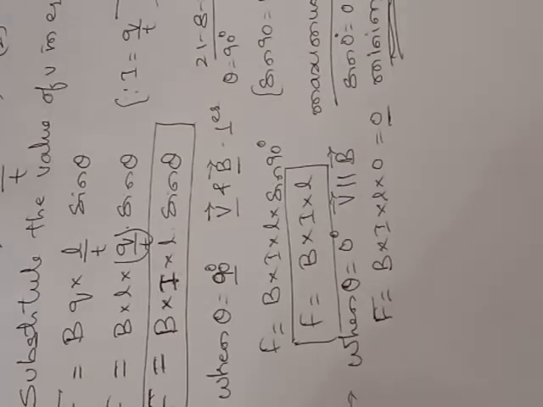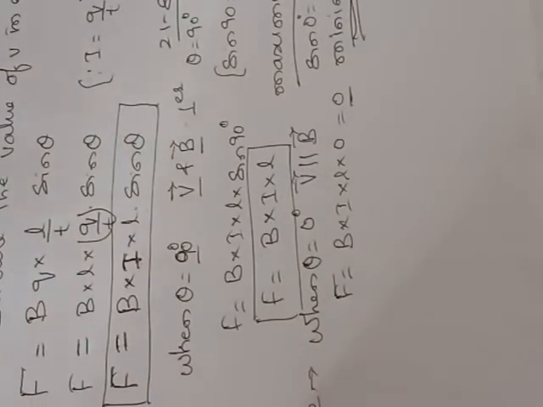When the velocity of the particle and magnetic field are perpendicular, the force will be maximum. And the force will be minimum when the velocity of the particle is parallel to the magnetic field. These are the two conditions.